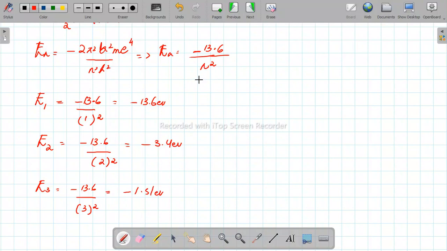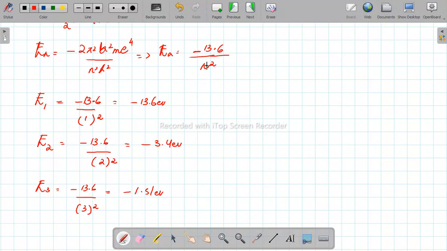This means that not all continuous values of energy are allowed. Specific values of energy are allowed, depending on the orbital radius. So this expression suggests that not just the radius, but energy is also quantized.